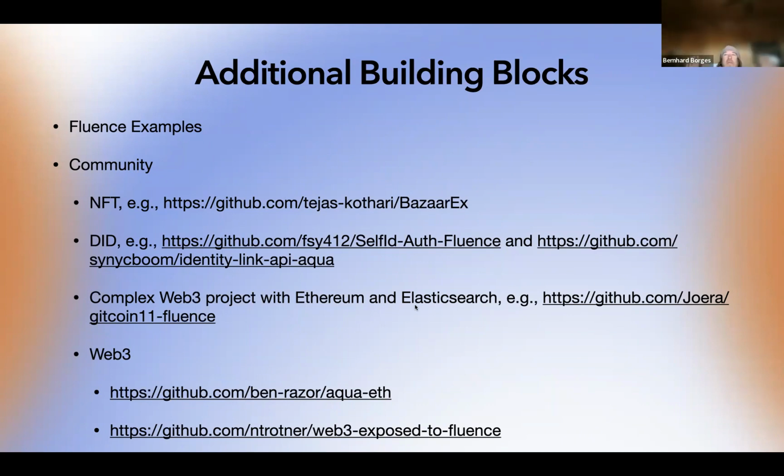One of the interesting implementations is where hackers took an existing Web3 library and exposed some or all of its interfaces to be used by Aqua. Why does it matter?